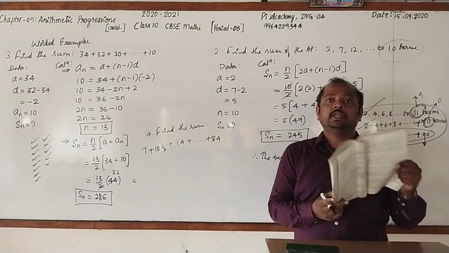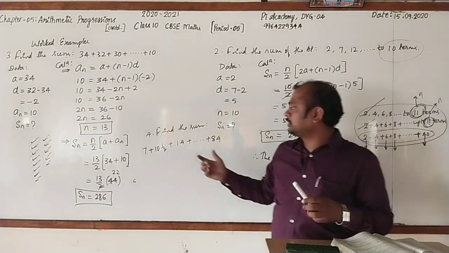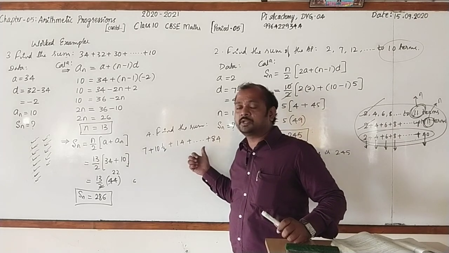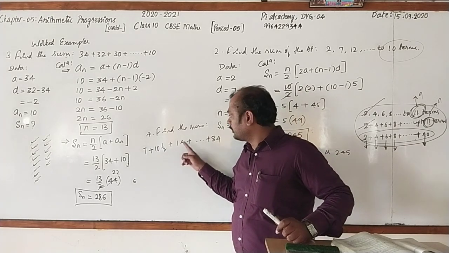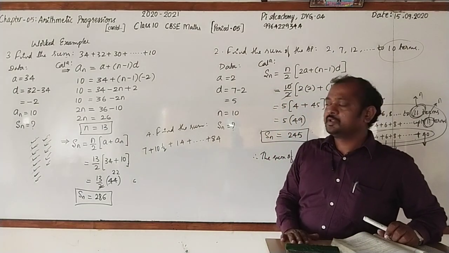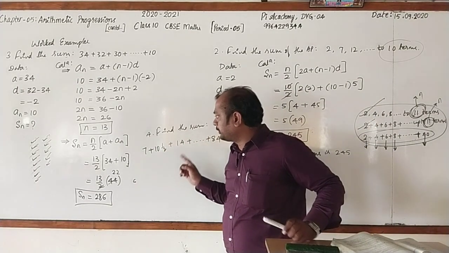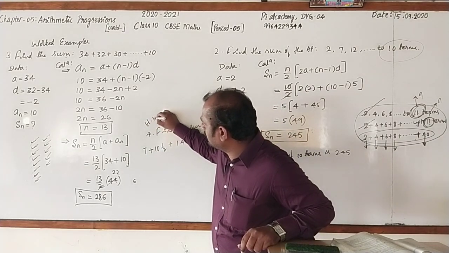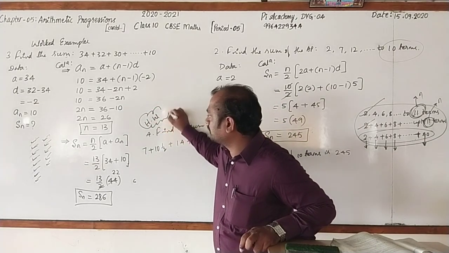Hope that you are able to do this one. Here also we have the last term, but the number of terms is unknown. First find n, then you can go for finding Sn. Yes, you may copy this, and this is for homework.